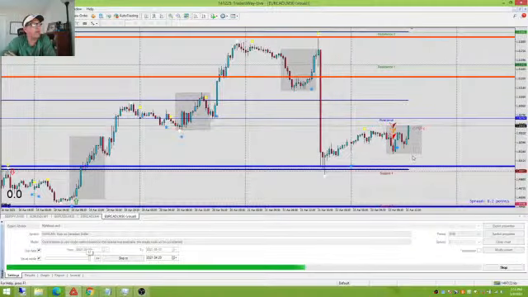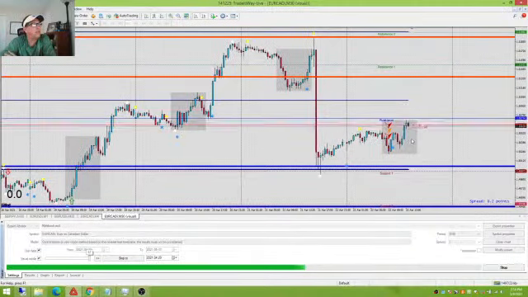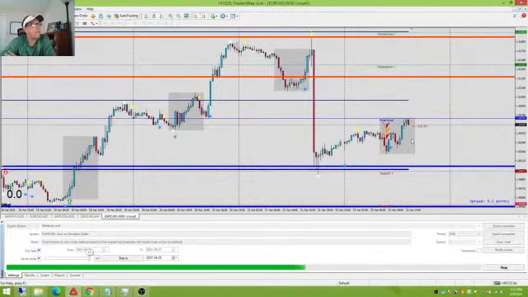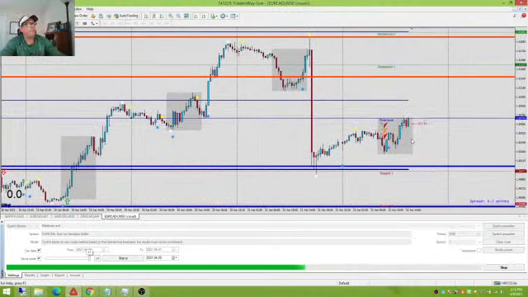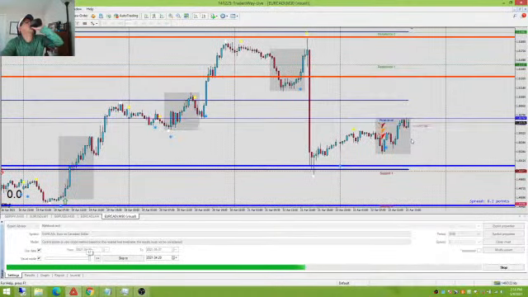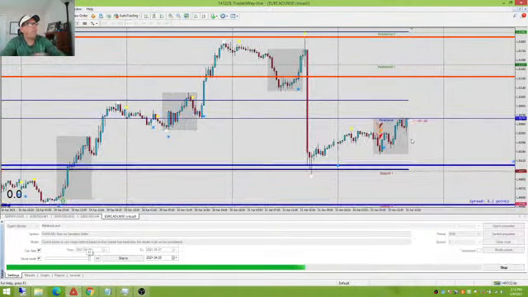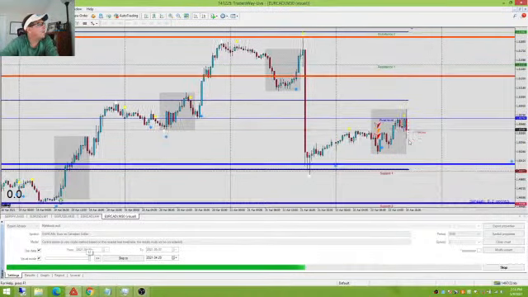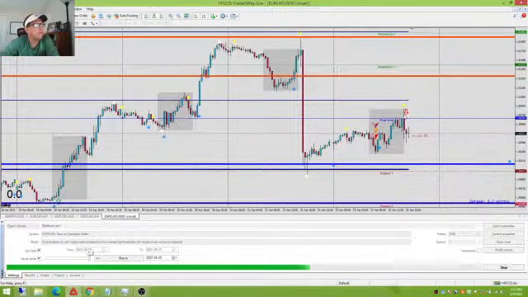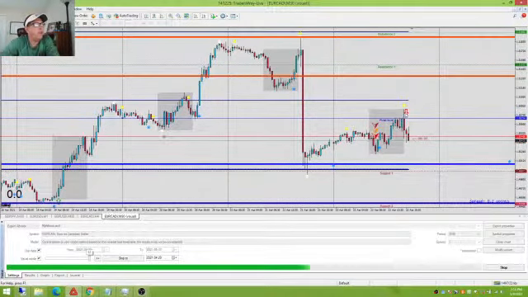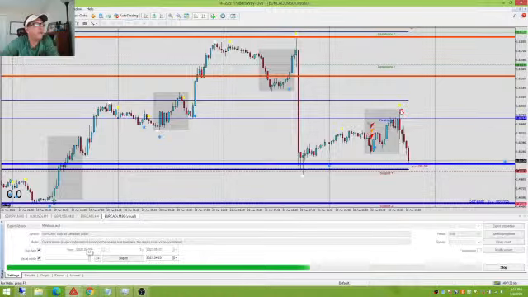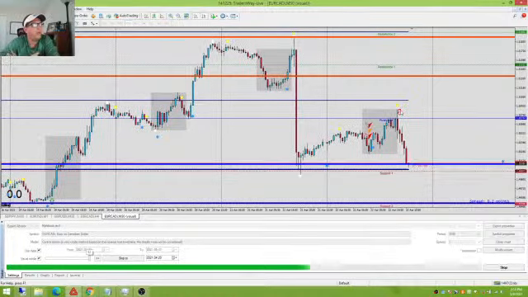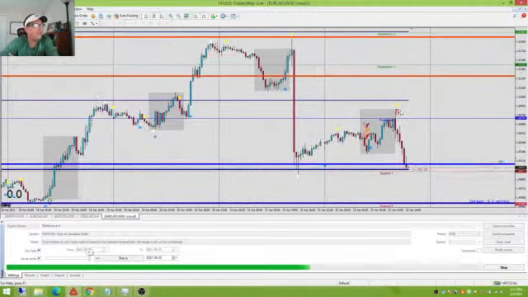Let's see if I can find when that flashes. I like how this is that new arrow indicator that when it appears, it closes on the candle and it doesn't repaint, at least in the strategy tester.